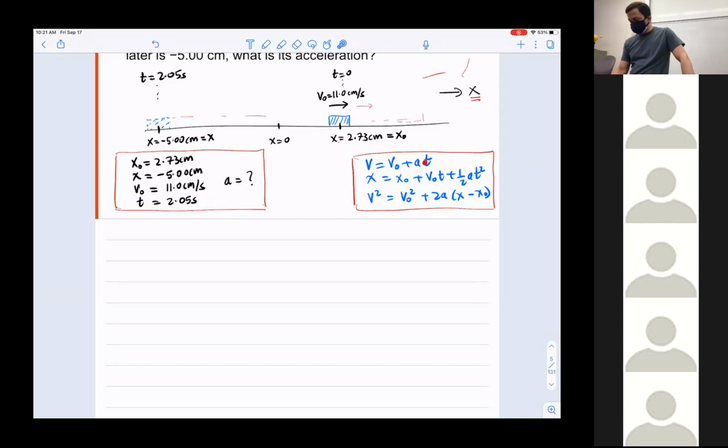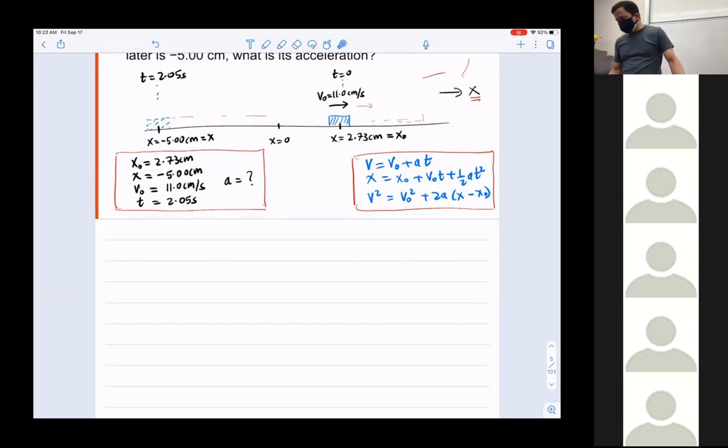I do know that t is 2.05 seconds. I do know that v naught is 11 centimeters per second, but I do not know what v is. They have not told us what is the velocity of the sailboat at this location. So because I don't know what this v is, I can't use this equation directly to figure out my acceleration.